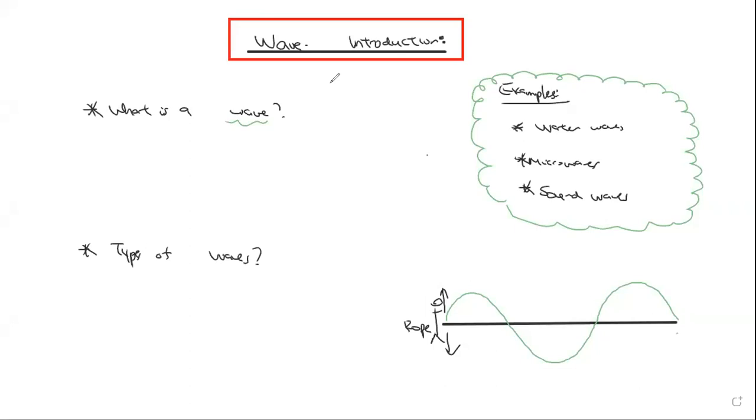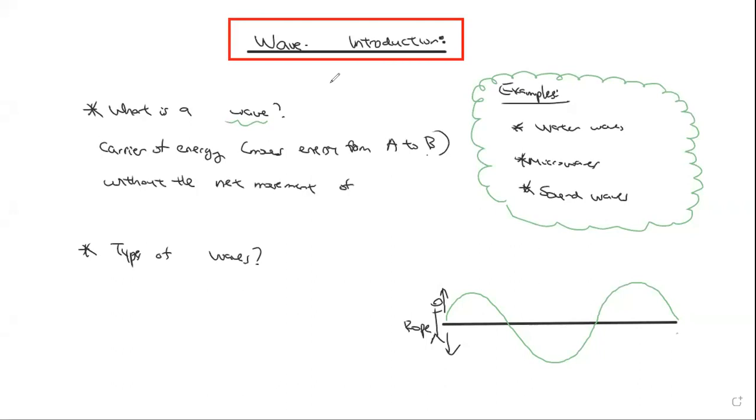So it's a carrier of energy, but importantly, without the net movement of matter. In other words, the rope doesn't physically move to the right, although it's happened to move it to the right.